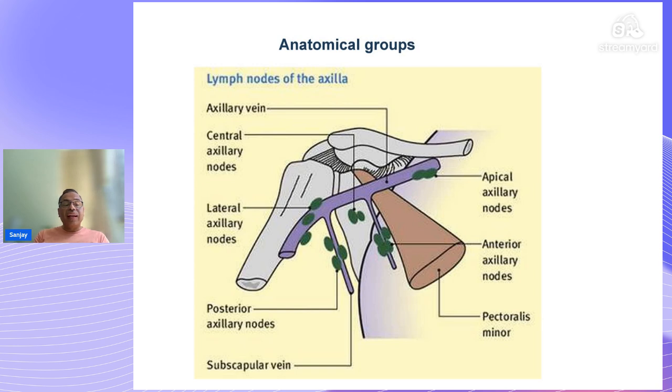The anterior axillary group is situated just behind the anterior axillary fold. The central group is situated within the fatty tissue in the center of the axilla.